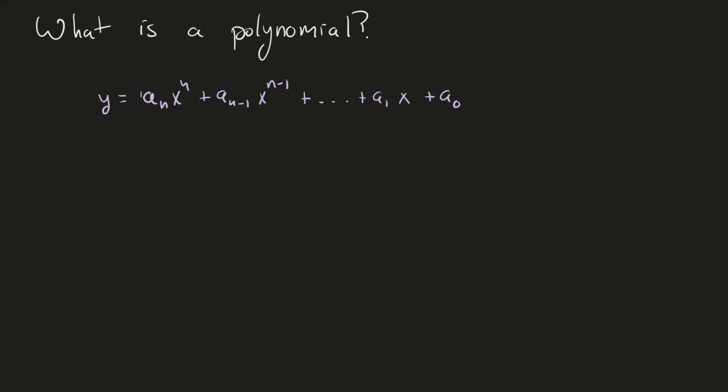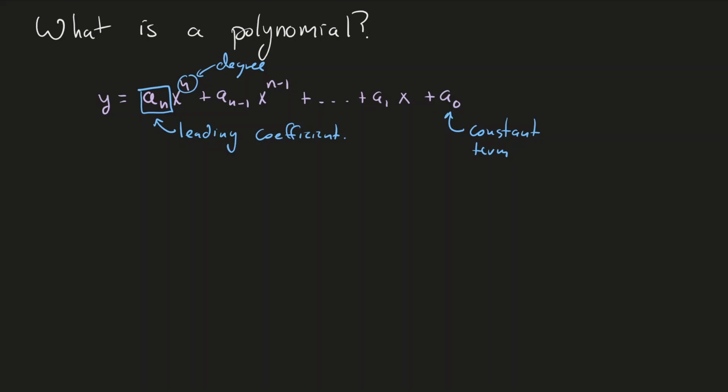Some features: this is called the leading coefficient. This n is called the degree. This last term is called the constant term because it doesn't have a variable on it. And usually we'll write this in descending order.